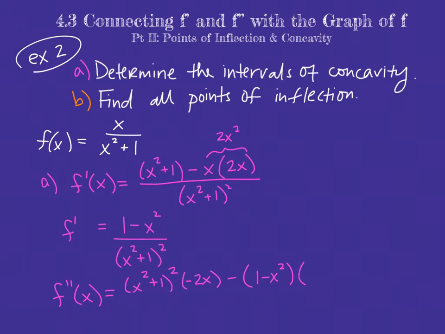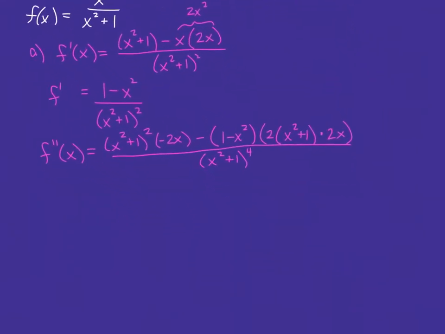The derivative of the denominator, using the power and then the chain rule, will bring the 2 out front. Then we leave the inside function be, raise it to 1 less, so the first power, then multiply by the derivative of the inside. All over low squared. So something's already squared, and then we're going to square it again, so we're just raising it to the 4th power instead. Then we'll keep going.